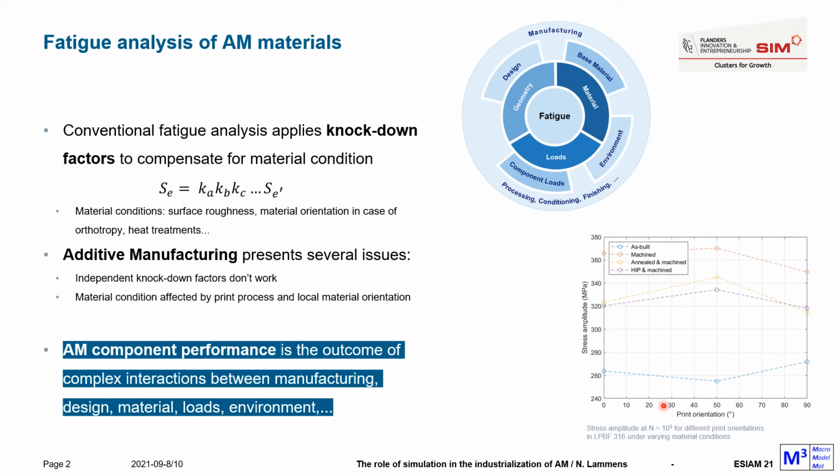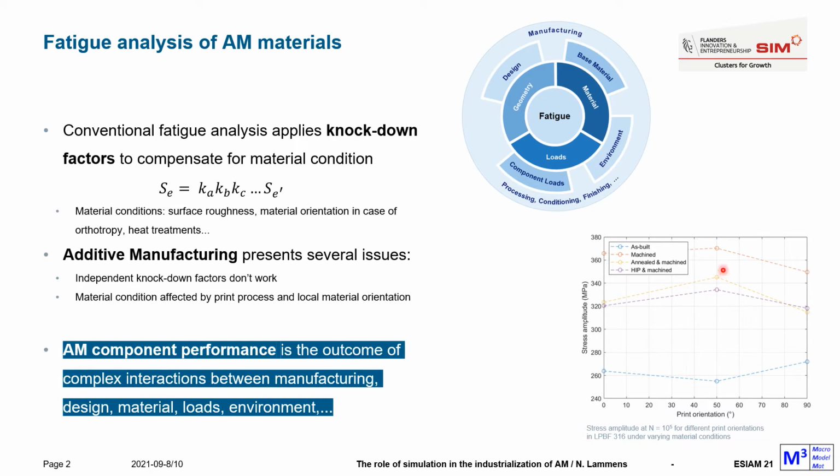In the graph, you can see the results for 4 different material conditions, going from an as-built condition to a hipped and machined condition. If a knockdown factor approach would be suitable for this material, then we should see that the effect of print orientation is independent from other parameters such as surface roughness or heat treatment.